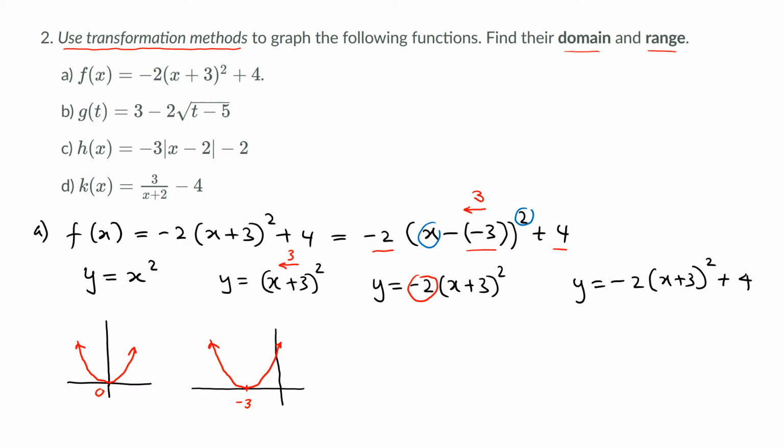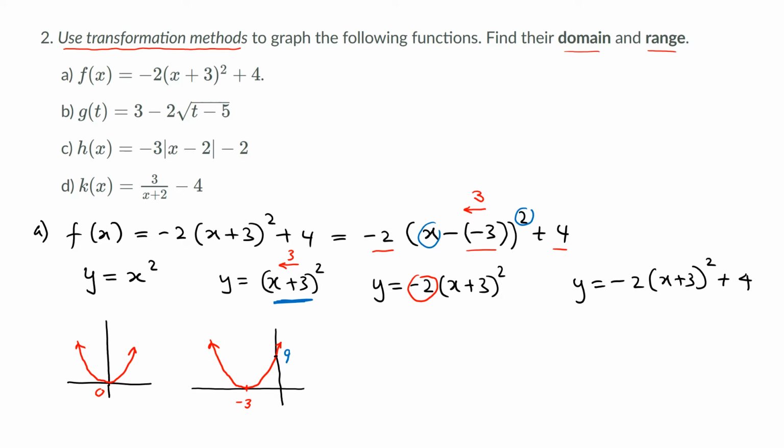So for example, that's an interesting point. What is this point actually? If you want to find the y-intercept anytime, just plug in x equals 0 into the corresponding function. If you plug in x equals 0 here, you get 3 squared. That means this point is 9. So that's the y-intercept.